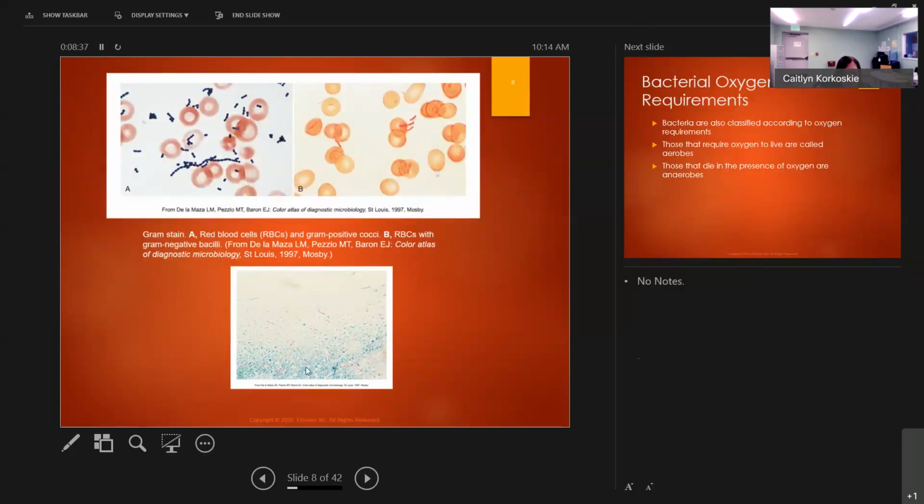Underneath this picture, I know it's kind of hard to see, but this is another example of the bacilli. It's a smaller picture, but you can see the blue dye around it, and then the red shows us the shape of the bacteria. This is another example of bacilli because it's rod-shaped.